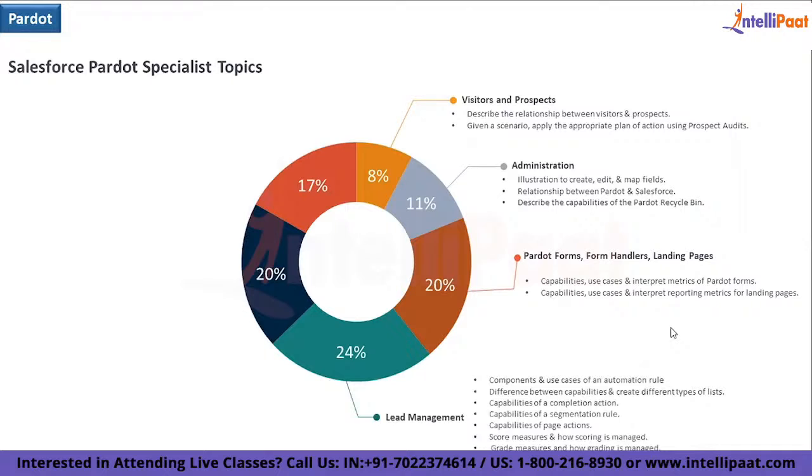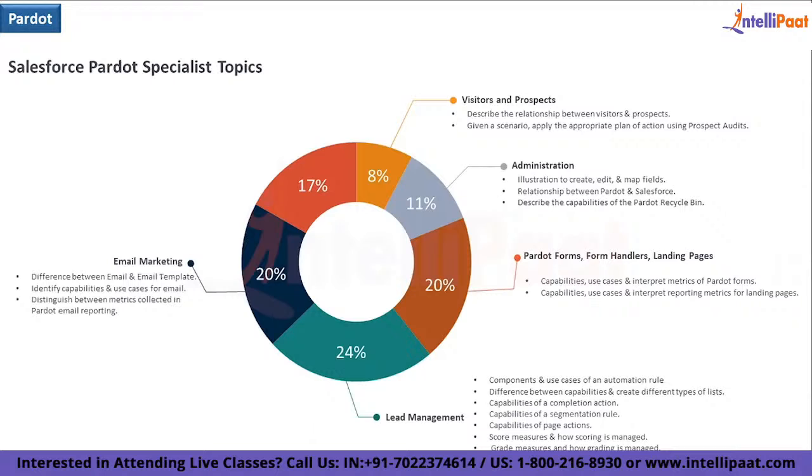So how you manage the leads, which comprises components, difference between capabilities, capability of completion action, capability of a segmentation rule, page action, scores and measures, how scoring is managed, grade and measures, how grading is managed, and capabilities and use cases of custom redirects. So these are all the topics which are part of lead management, and 24% of questions will be from this topic.